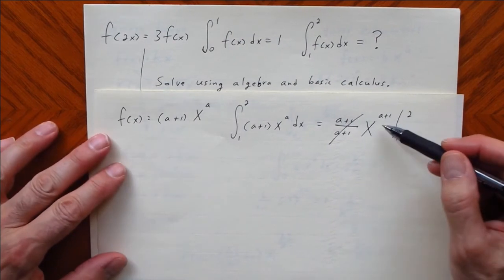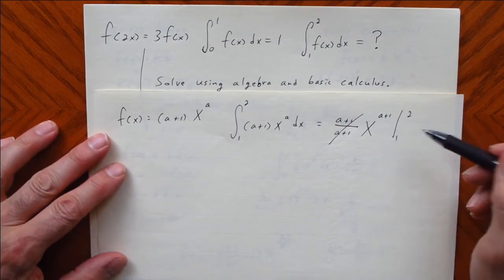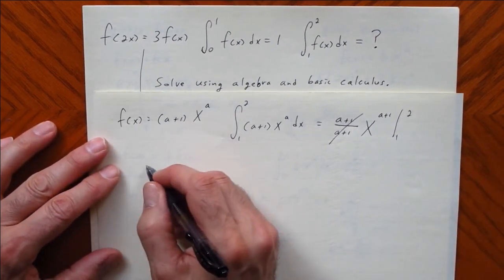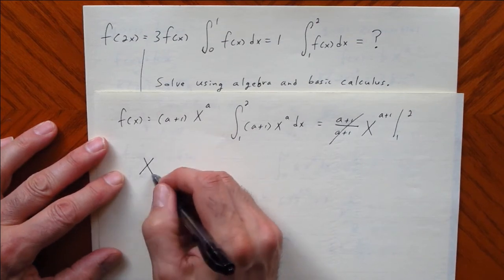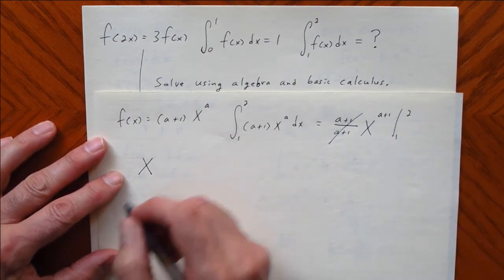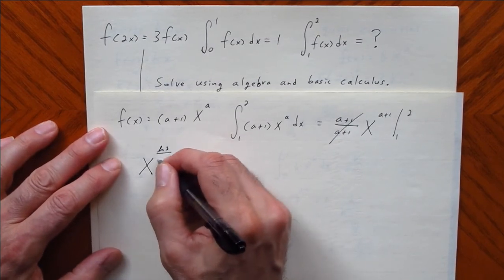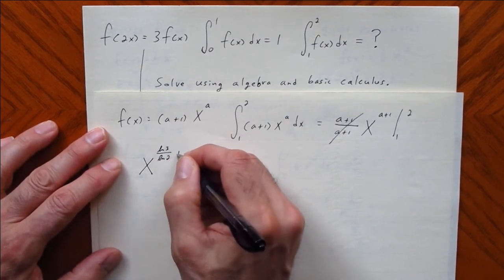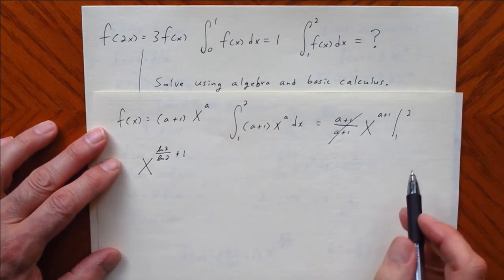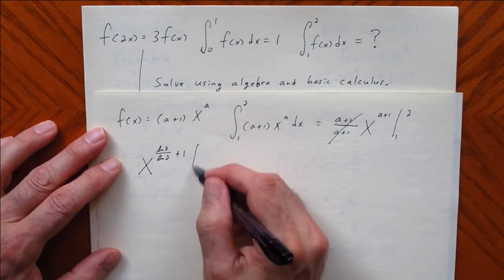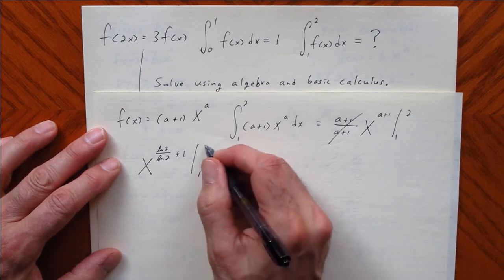Now we just need to plug the x to the a plus 1 into 2 and 1. So we'll write it out in full. We have x to the a plus 1. So that's x to the log of 3 over log of 2 plus 1, as measured from 1 to 2.